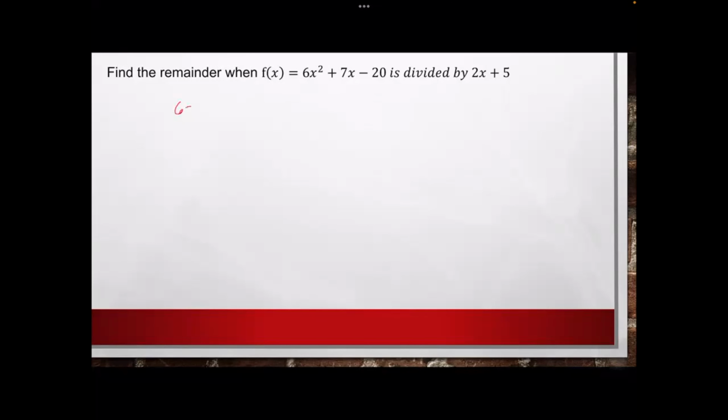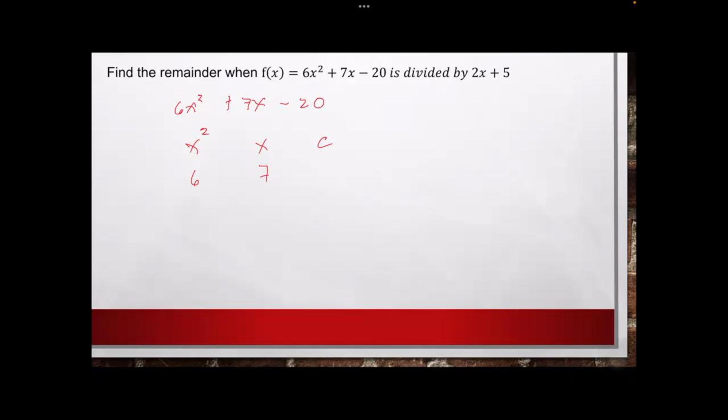So, meron tayo 6x squared plus 7x minus 20. Meron tayo dito ng x squared, tapos x and c. Since kompleto naman ang ating series, kasama ng x squared ay 6, kasama ng x ay 7, and ang constant natin ay negative 20.